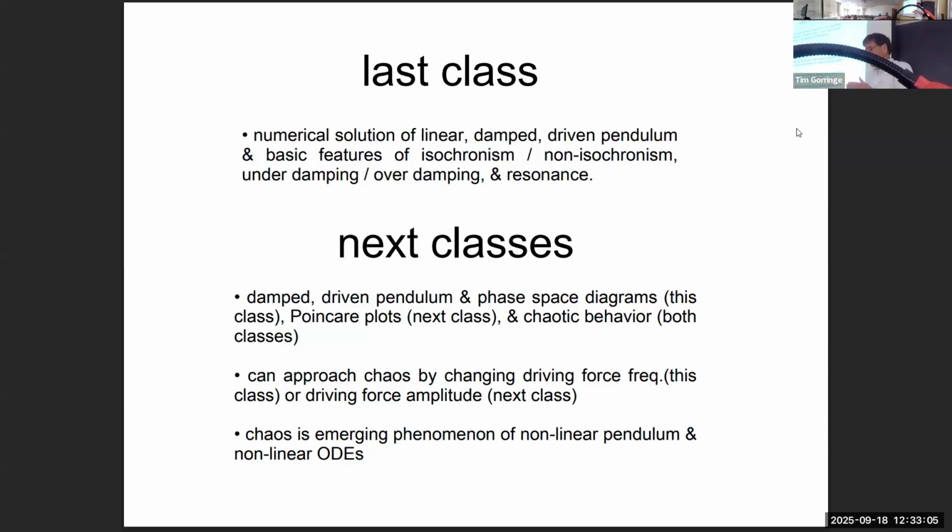In the last class, we just plotted the angular coordinate of the pendulum versus time, theta versus time, and the angular velocity of the pendulum versus time, omega versus time. We're going to add two more ways of plotting and visualizing the pendulum. One is phase space diagrams, and the other is Poincare plots. This class, we'll look at the phase space diagrams, and next class, we'll look at the Poincare plots.